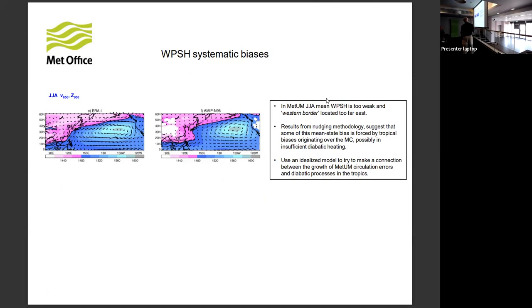This is the reanalysis. This is a version of the climate model, and you see it fails to extend the high pressure circulation far enough west over the Pacific. This is a well-known systematic error in the unified model. We'd already done a nudging experiment, which suggested that this model would do better with the correct tropics. It gives a somewhat better answer, which suggests the error has something to do with the tropics.